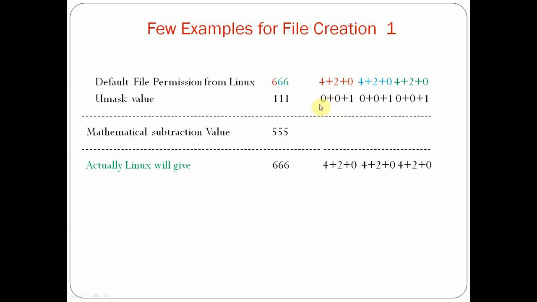Even though you mention in your umask setting that you want to filter execute permission, Linux itself is not giving it. So after applying this filter on the default file permission, Linux will say: I'm not giving you execute permission by default, but since you are not restricting write permission, I'll give you write permission. Since you are not restricting read permission, I'll give you read permission. It is as simple as that.